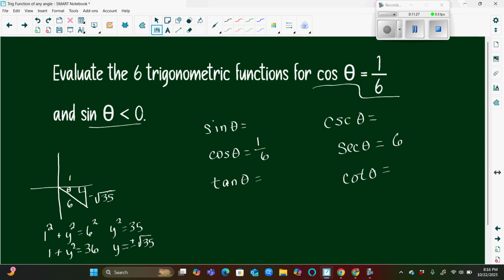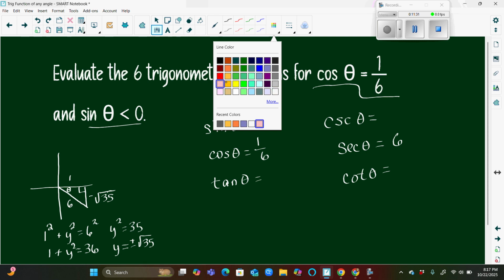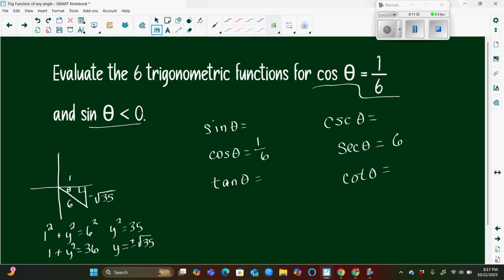Okay, so for sine, and I'm going to change my color so you can see where I point. All right, so for sine, we're looking at theta right here. And sine is going to be y over r. So that's going to give us negative square root of 35 over 6.